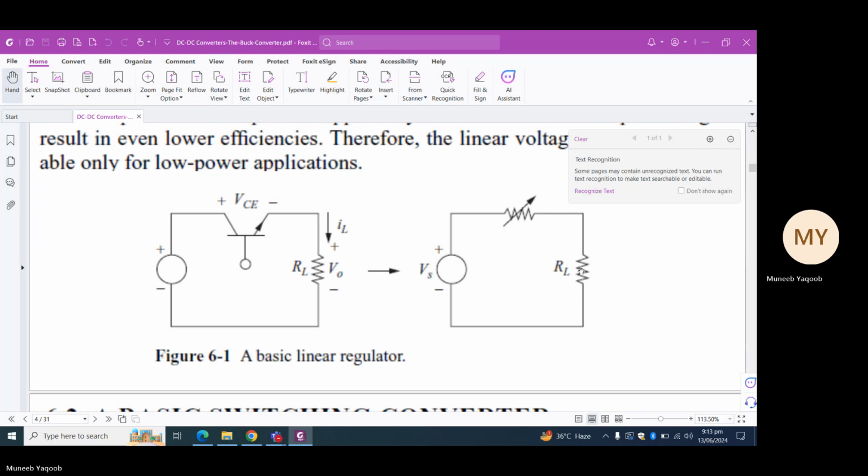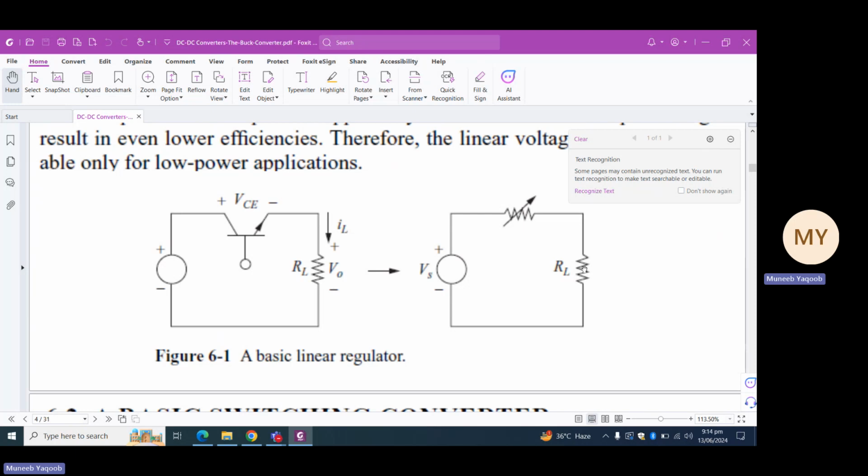If you can recall in chapter 1, we had Vs equals to 12 volts and our objective was to obtain an output voltage V out across the load resistor RL equal to 4 volts. To perform this task, we can use a variable resistor as shown in the figure.